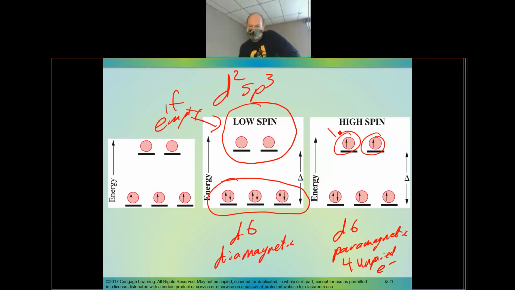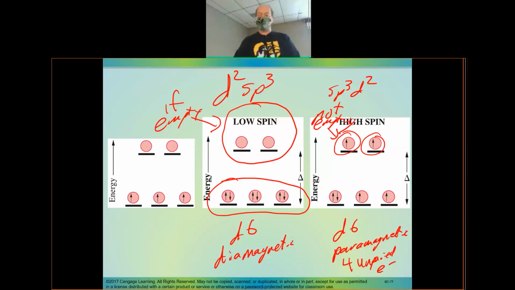If this is not empty, so it has 1 or more electrons in these 2, then it is going to be sp3d2 for your hybridization of that complex. So you're either going to have D2 sp3 or sp3d2, depending on if there are any electrons in those higher 2 orbitals.